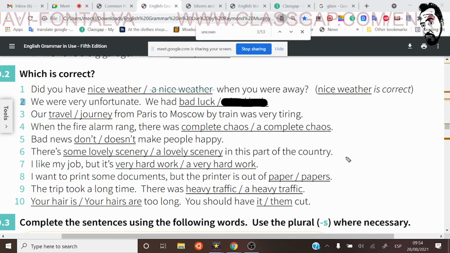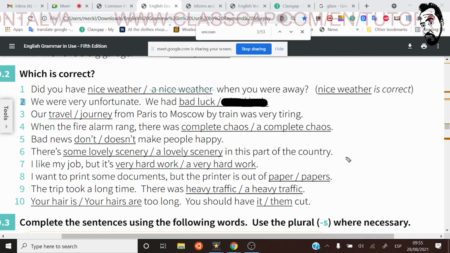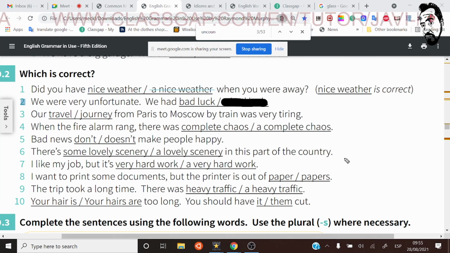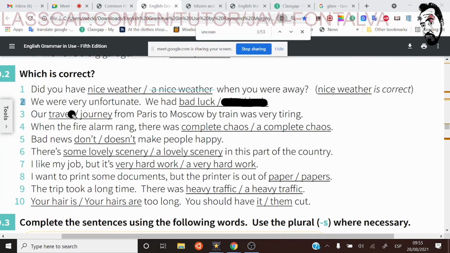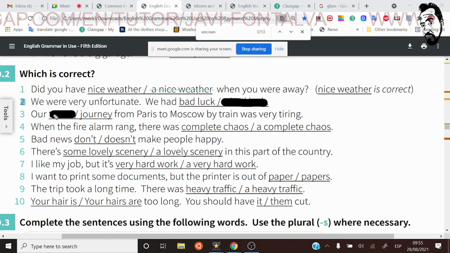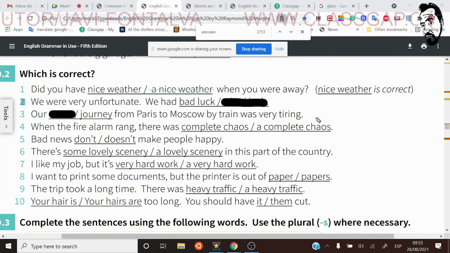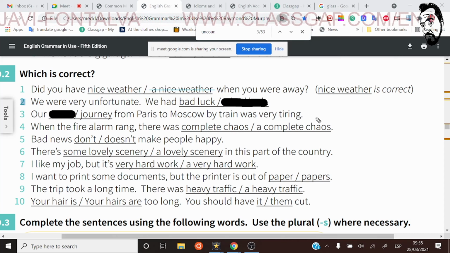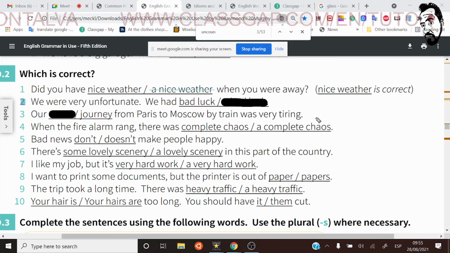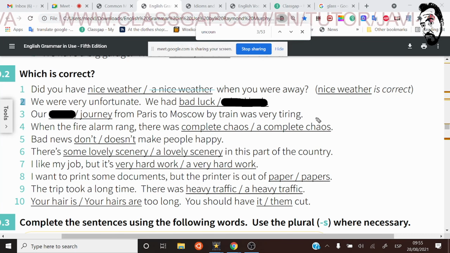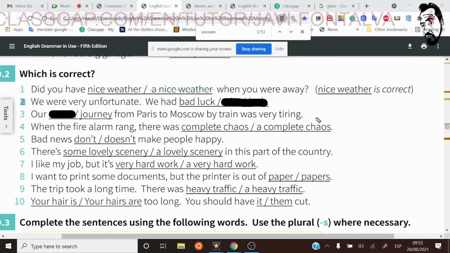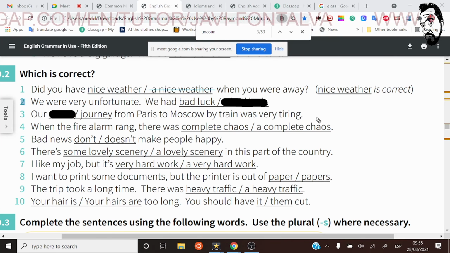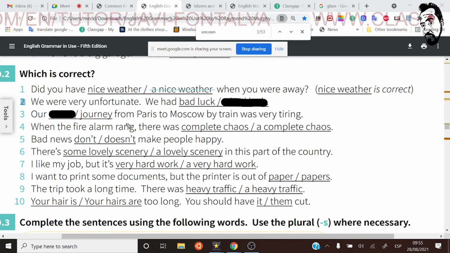Okay, 3. The journey from Paris to Moscow was very tiring. Tiring means like tired. It's very tiring, the opposite of relaxing. Exactly. So notice we say journey from Paris to Moscow.